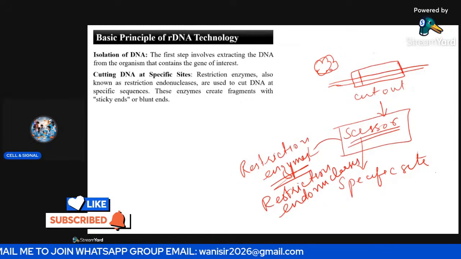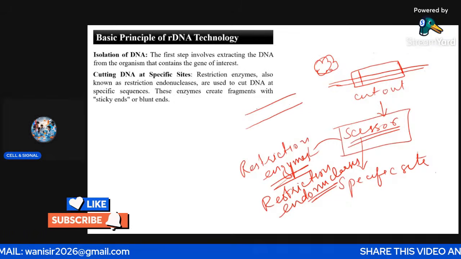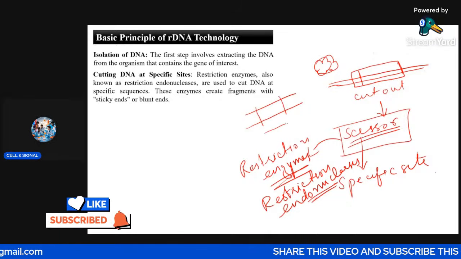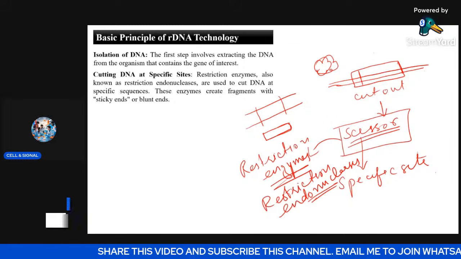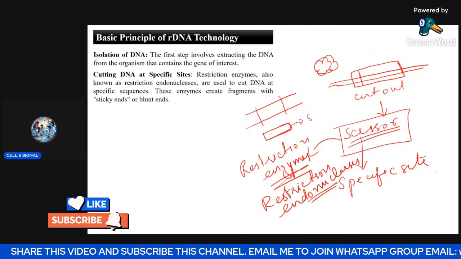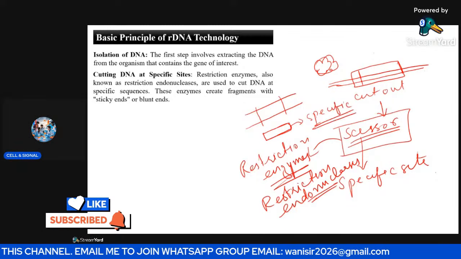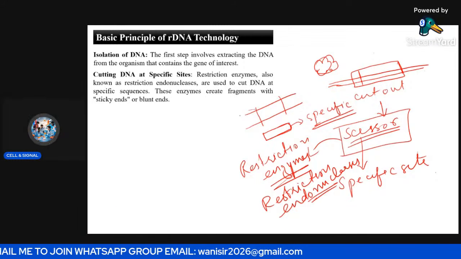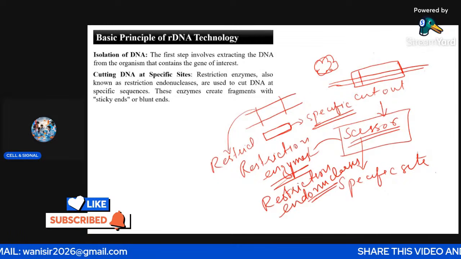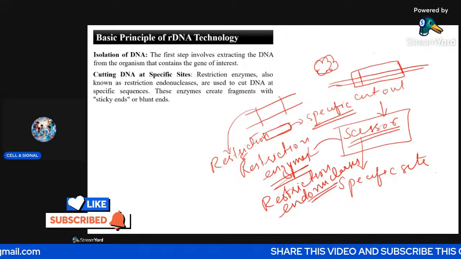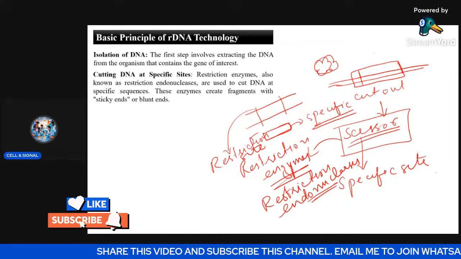So these restriction endonucleases will cut this DNA here, and we will get the strand of DNA that is cut. But they will cut at a specific site, and this specific site where the cut is made is called a restriction site. So you understand what is the restriction site and what is the specific site.